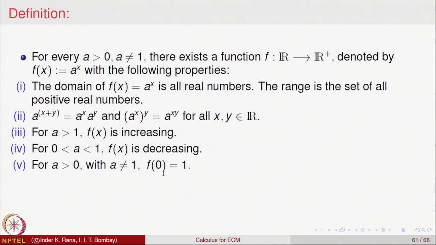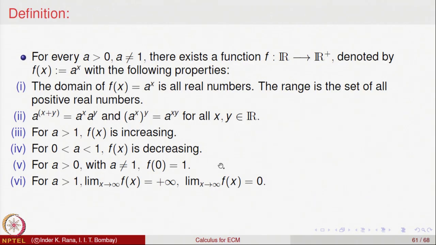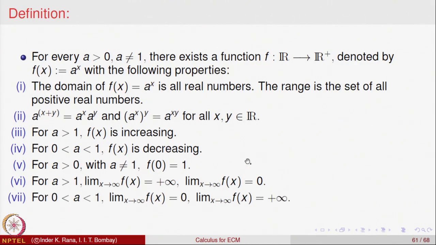F(0), for a bigger than 0 and a not equal to 1, f(0) is equal to 1, one can put that as the value. It keeps on increasing for a bigger than 1, and when a is between 0 and 1, it decreases towards 0. So, this gives us the graph of the two functions.